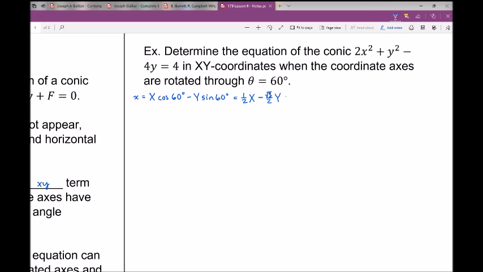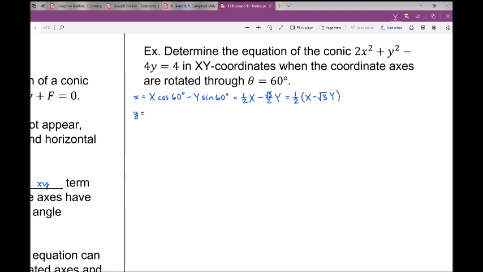So if we wanted to simplify this a little bit more, we could factor out a 1/2, and so we get 1/2 times big X minus the square root of 3 times big Y. Okay, and you might be wondering why we factored out the 1/2, and my answer to that is it will make our work a little bit easier when we actually plug in little x and little y.